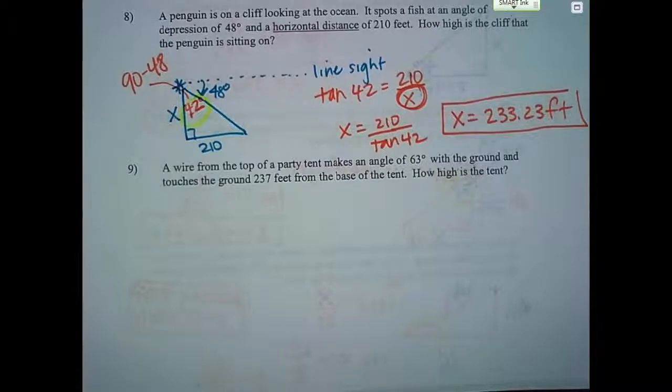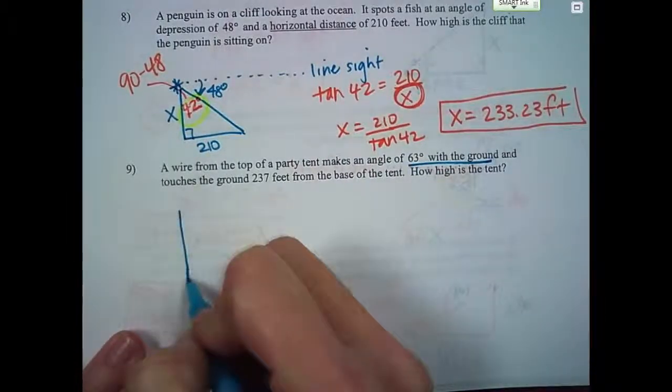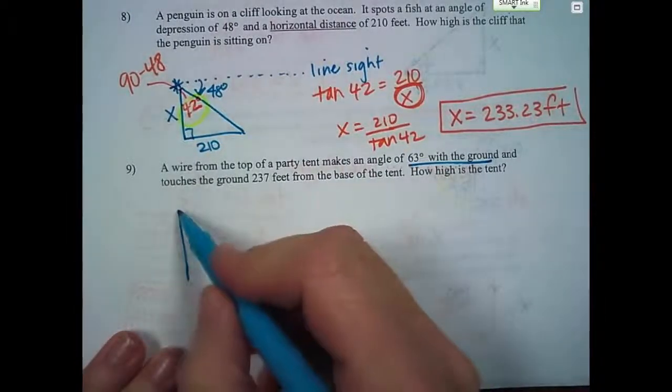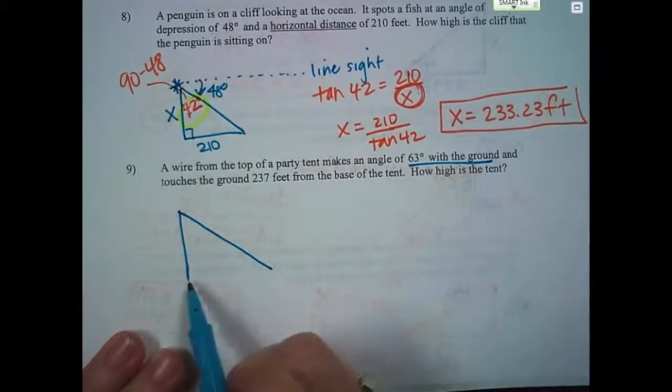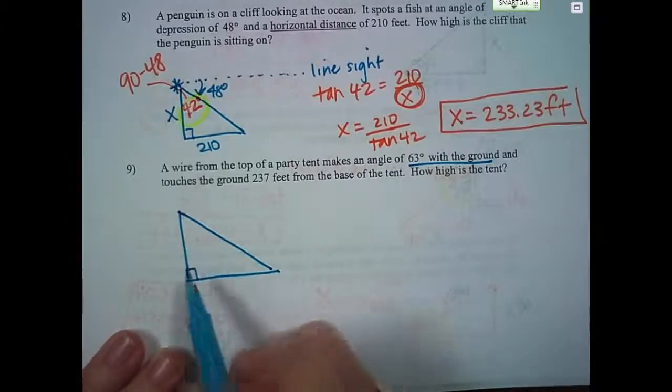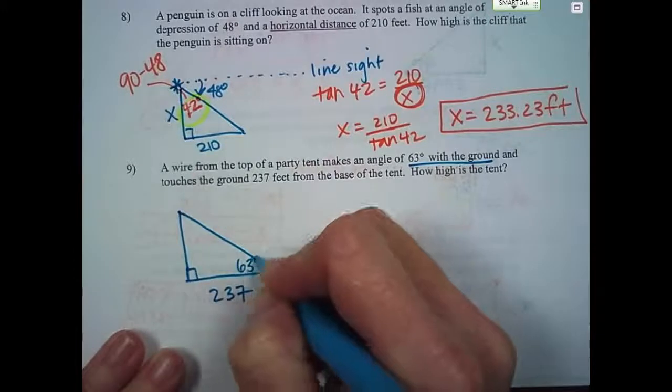Let's look at number 9. The wire from the top of the party tent makes an angle of 63 with the ground. Okay, it's with the ground. So here's the top of the party tent and there's the ground. So there's the wire. It is 237 feet from the tent. 63 degrees with the ground.